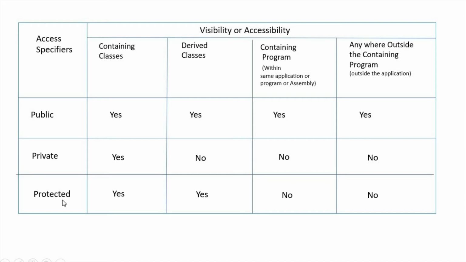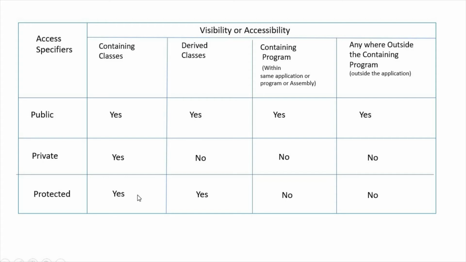If the access specifier is protected, in this case we can see in the containing class, yes, it is visible and accessible. In the derived class, it is visible and accessible, and in the containing program it is not accessible.